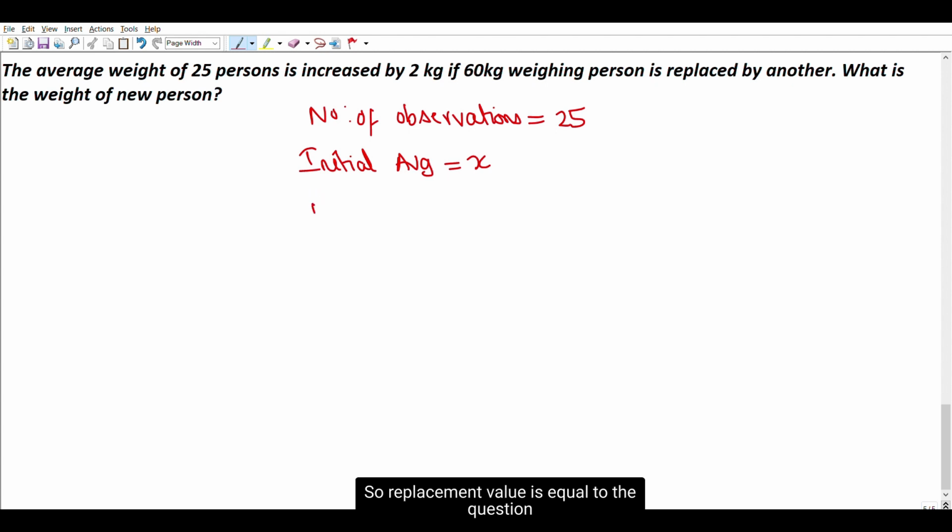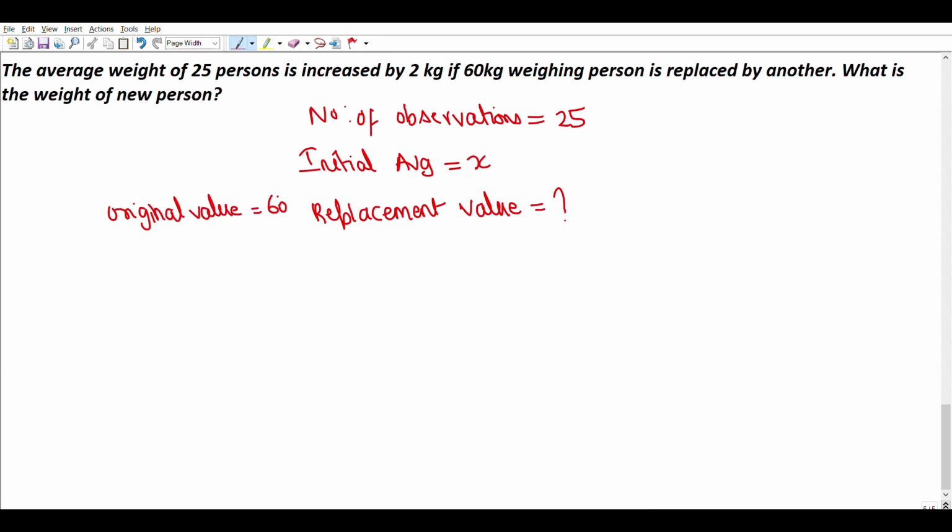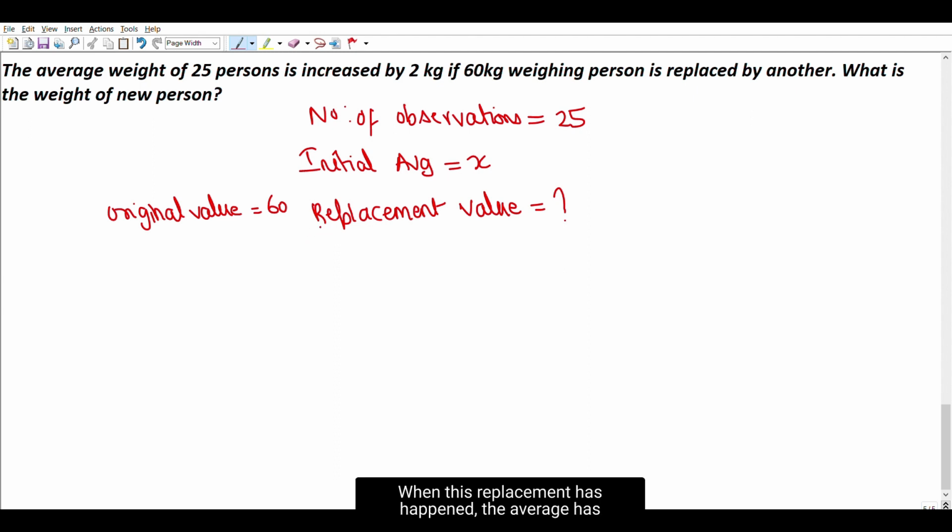So the replacement value is equal to the question mark which we want to find, and the original value is equal to 60. When this replacement has happened, the average has increased by 2.